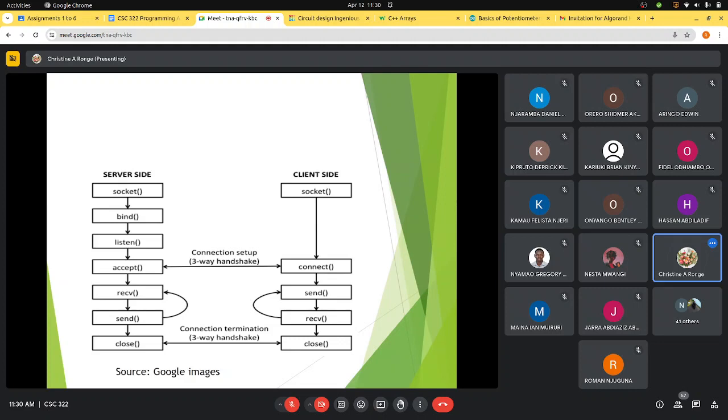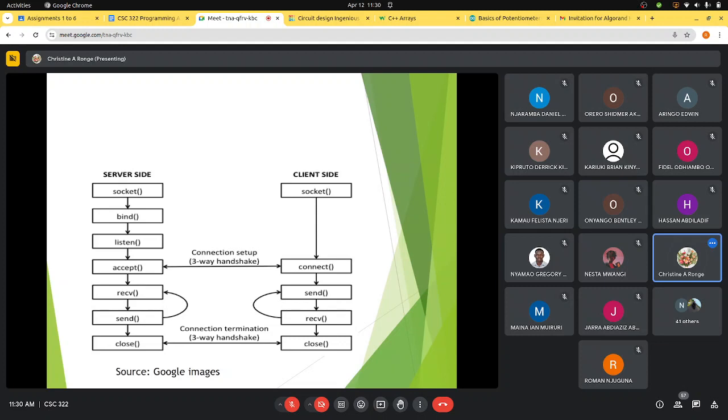Now, this is the side that first sends the FIN. The minute the close command has been executed, they send a FIN and they go into the FIN wait state. This other side receives the FIN and goes into the close wait state.